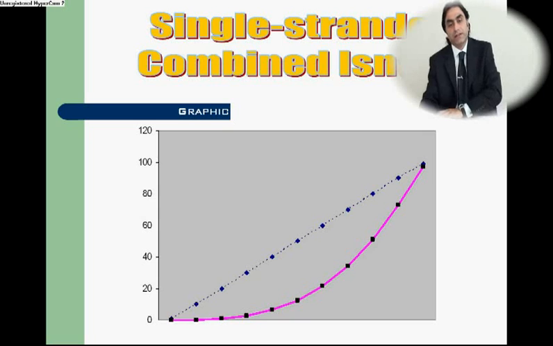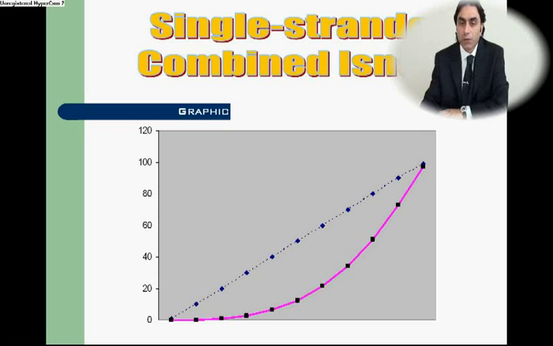Let's classify the isnads which we examined thoroughly in this paper into two categories only for the purposes of evaluation: single-stranded isnads and multi-stranded isnads. These two types of isnads differ from each other with very distinctive lines in terms of their efficiency.